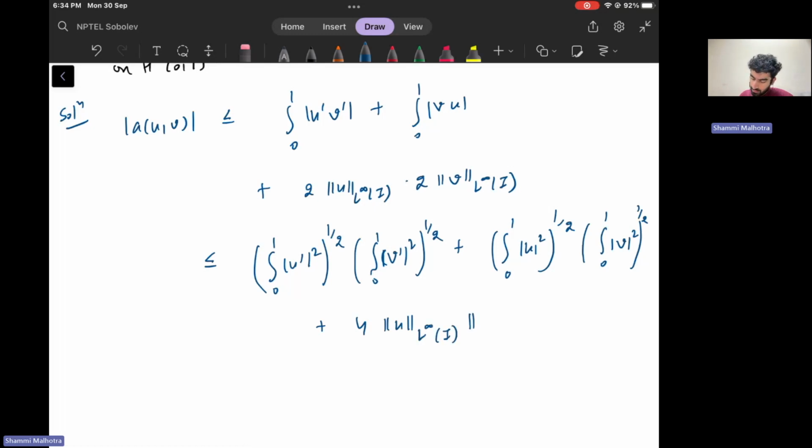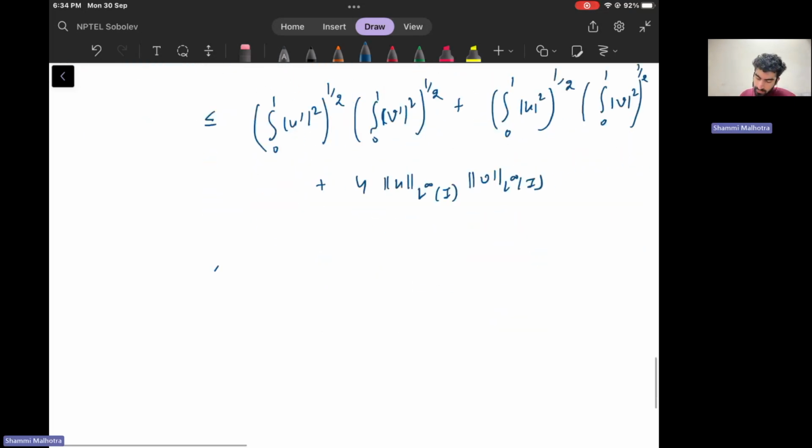And then here we can use the embedding of H1 into L infinity in one dimension. So we have the embedding theorem, and so this all can be written as follows. We know the H1 norm is the sum of the L2 norm of the function plus the L2 norm of the derivative of the function. So it has to be less than or equal to the H1 norm of u, the H1 norm of v, and the same goes for the others as well.